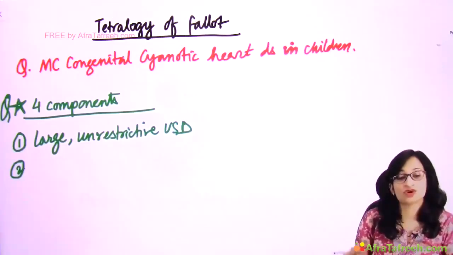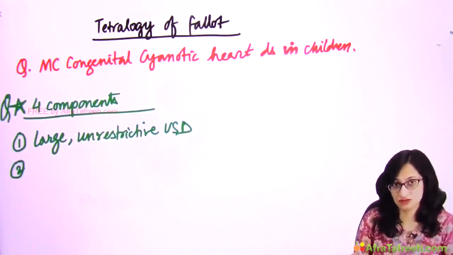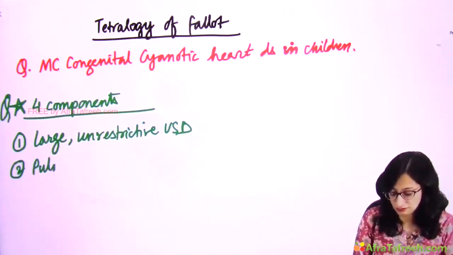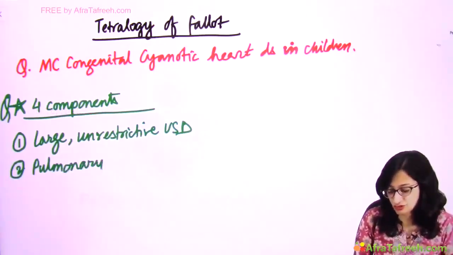Pulmonary stenosis or pulmonary infundibular stenosis. So there is narrowing usually just below the pulmonary valve. So pulmonary outflow obstruction is there. You can just remember pulmonary stenosis or pulmonary infundibular stenosis.